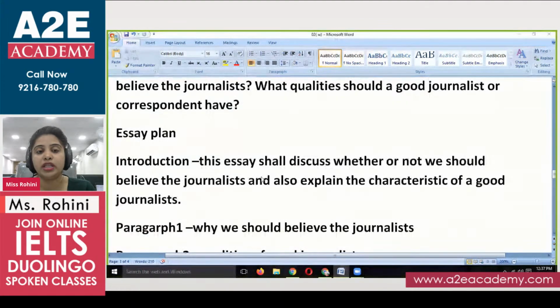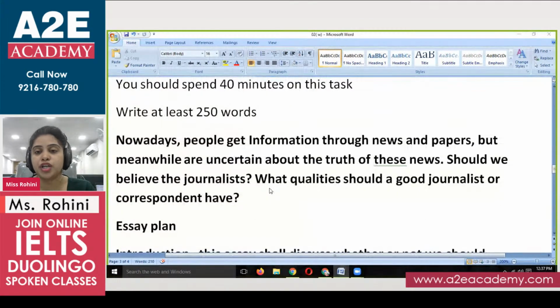So I can repeat the introduction for you people. If you are not getting it, then you try to understand it again. In this contemporary era, news and papers are the ultimate source of information that is spreading among the people. However, they are not sure about the news or the information they are getting from it.